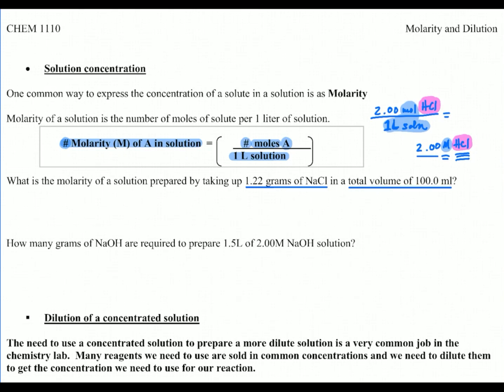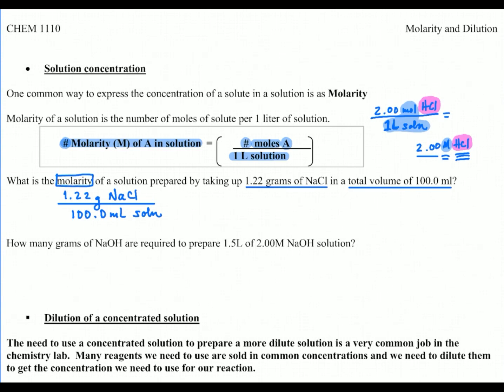So if you consider that all concentration is amount of solute per unit volume, you can already write this as a concentration unit simply by saying 1.22 grams of NaCl is dissolved in 100.0 milliliters of solution.